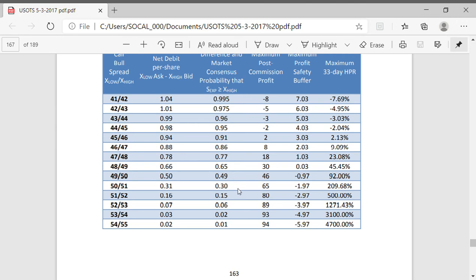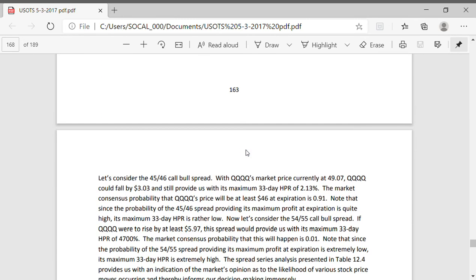And not someone's opinion, not an individual person's opinion, but rather the collective market's opinion, because these data here are based upon the bid and ask quotes in the market. So we're letting the market speak as to probabilities. And that is pretty powerful.